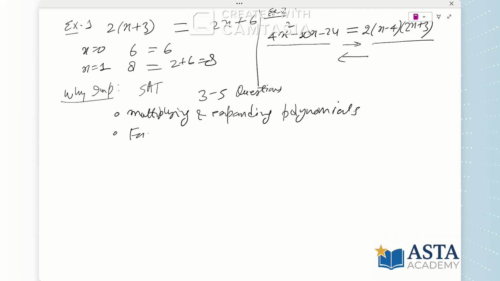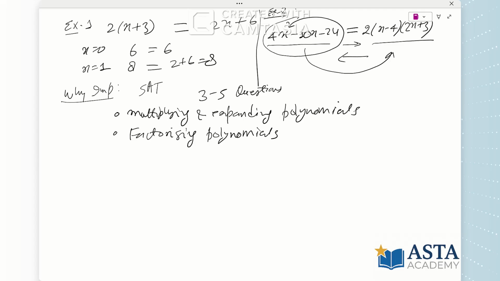We will also study factorizing polynomials. Here we looked at an example: when we go from left to right, essentially we are factorizing. 2x minus 4 and 2x plus 3 are the factors. So we will learn the techniques of how to factorize polynomials.